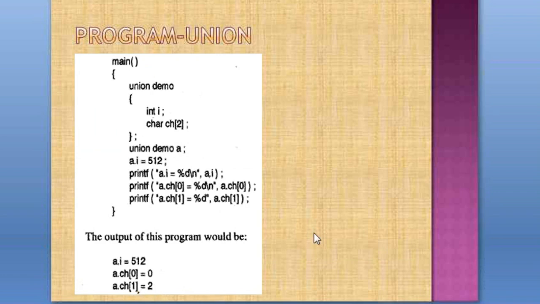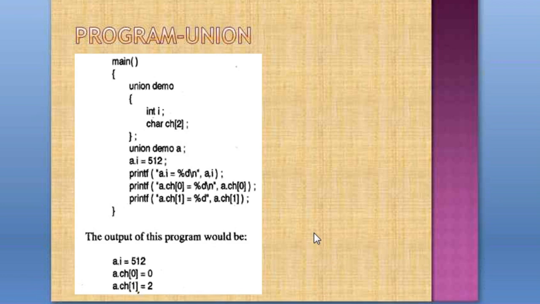Okay, so in this way, because of memory sharing, the variables may give a different answer for a union. So we have to take precautions while accessing the elements of a union. But the advantage of using a union is that sharing memory saves memory compared to the structure.